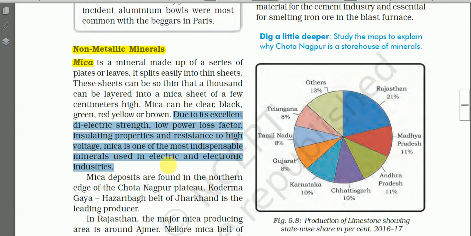Mica is one of the most indispensable minerals used in electric and electronic industries. So it tells the uses of mica. Mica is used in the electrical and electronic industries because of all these properties mentioned above: dielectric strength, low power loss factor, insulating properties, and resistance to high voltage.